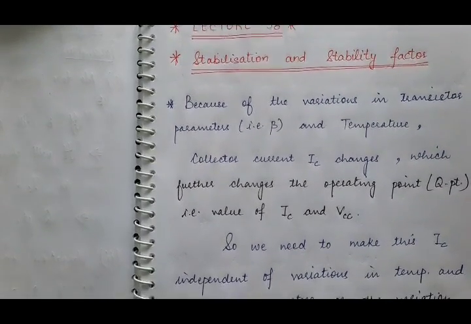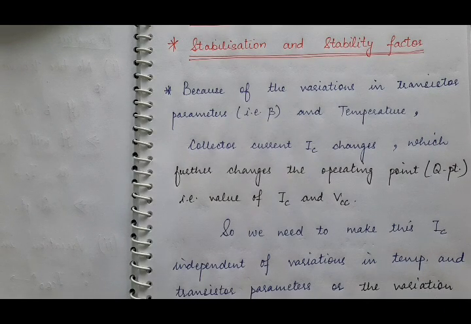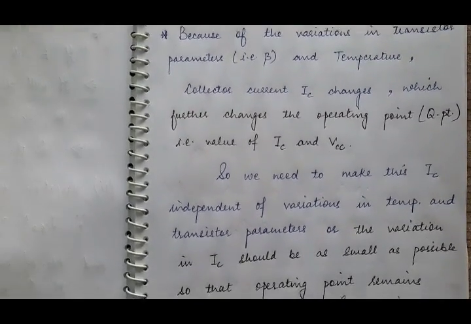So what we need to do is make this collector current IC independent of transistor parameters and temperature. Or we should make the variation in collector current as small as possible, so that corresponding to that very small change, the operating point of the transistor almost remains fixed, and that is known as stabilization.